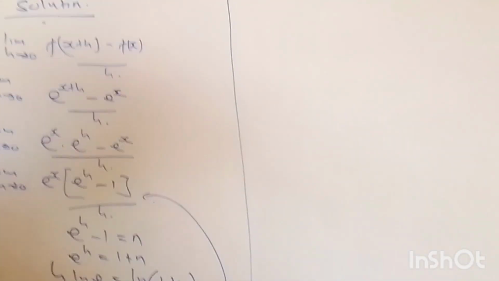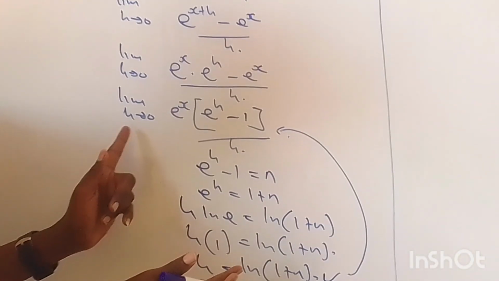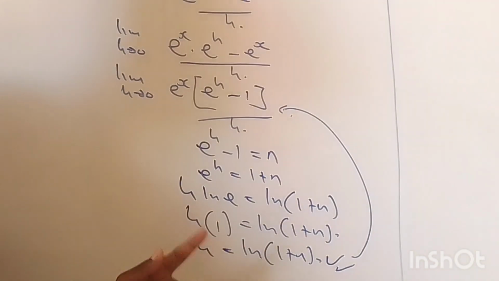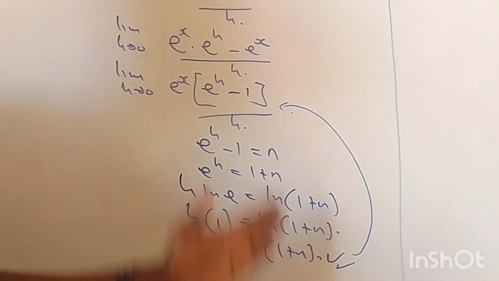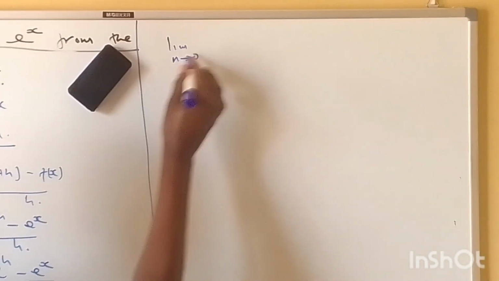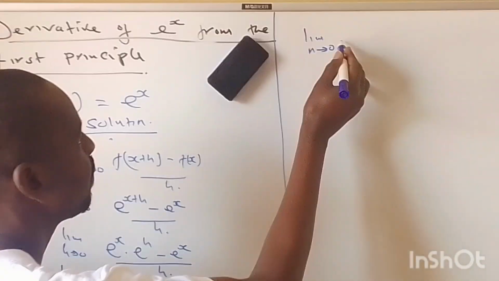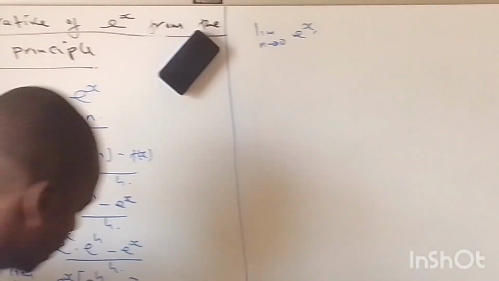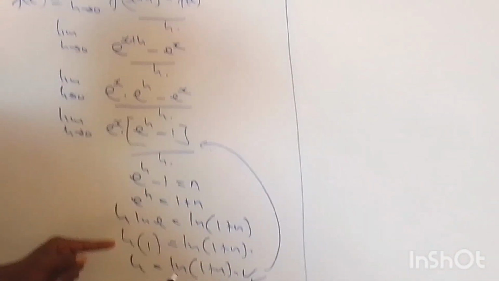As the limit, my limit now, I won't be taking as the limit h, but now I have my n. So I'll be taking the limit of n. As n is tending to 0, then we have, because we left e raised to x there, e raised to x dot. So can we now replace back?